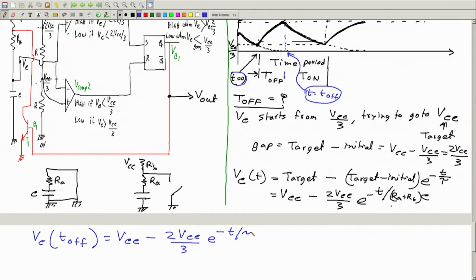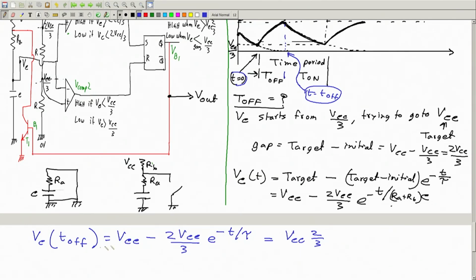Let me write tau only, I'll put the value later. At this moment we know the value is 2/3 VCC, so this is equal to VCC into 2/3, because VC at T off at this moment is 2/3 VCC.